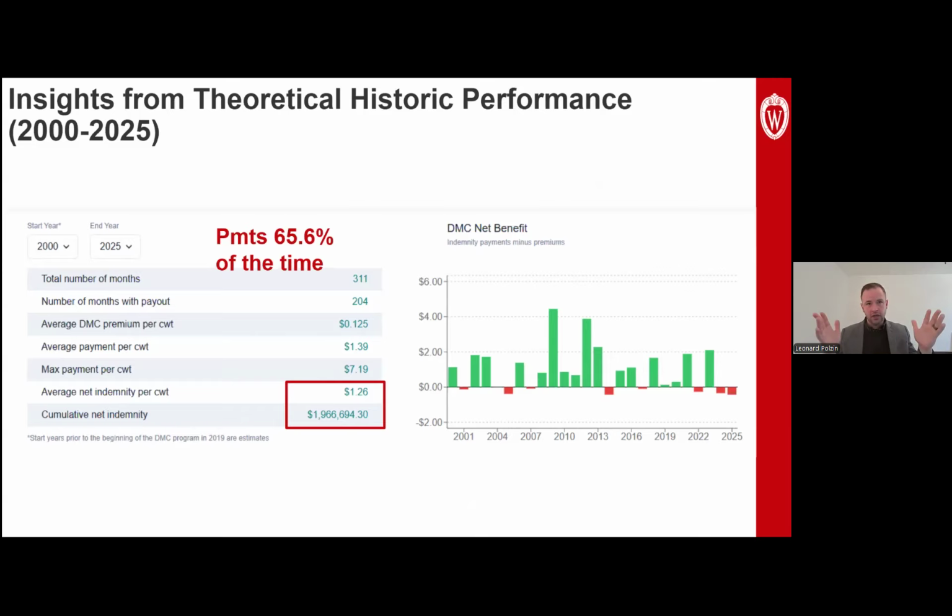It's calculated, right, since we didn't have the program. We saw that payments were triggered 65.6% of the time, with our average net indemnity per hundredweight of $1.26, and almost $2 million in payments, if this program would have operated over that entire period, right?